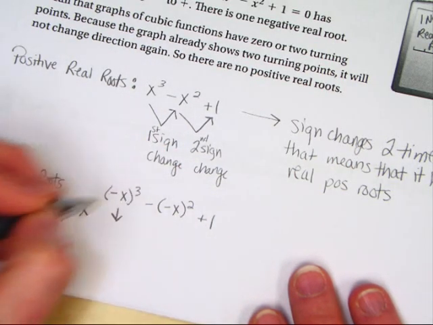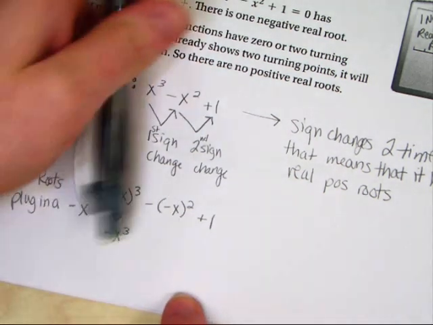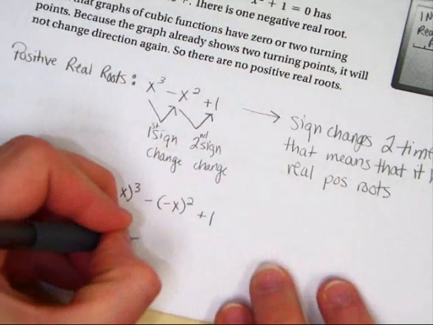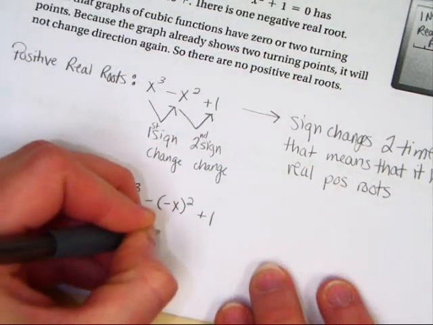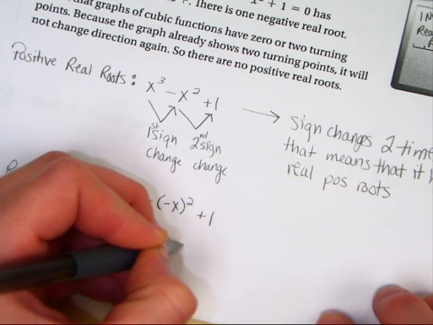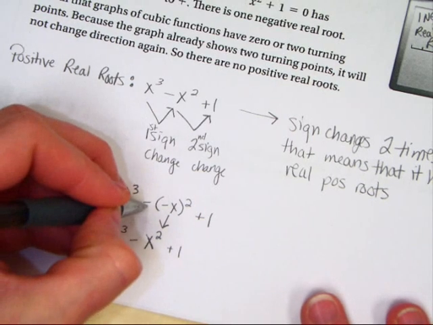A negative cubed is still a negative. Now in this one, I'm going to hide this minus sign for a second. A negative squared is a positive, but since we had a minus sign, you just write minus positive x squared. Okay? So the minus sign just comes down.